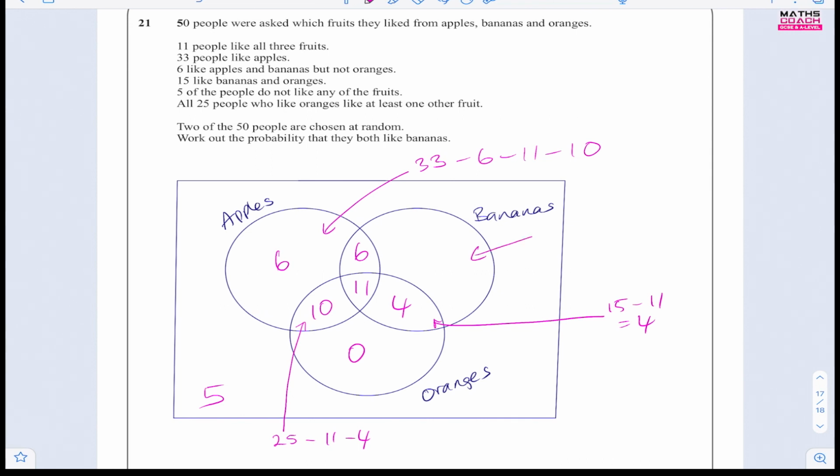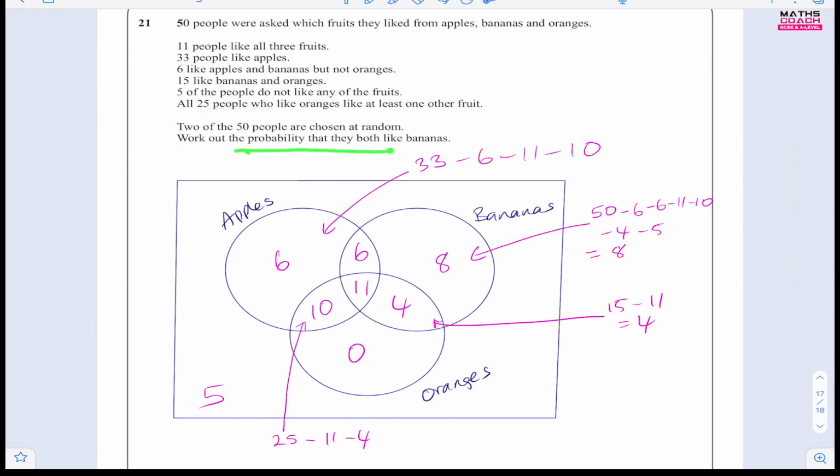So in order to find out how many people like bananas only, we do 50 minus 6 minus 11 minus 10 minus the 4 and minus the 5, and that gives us a total of 8. So we can go in here now and write 8. And now we have completed the Venn diagram. The question goes on to say that 2 of the 50 people are chosen at random.